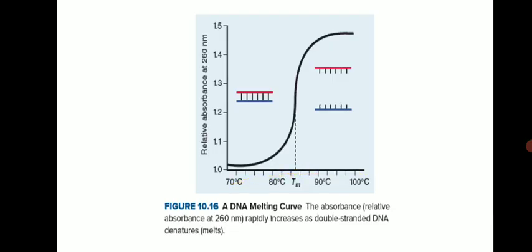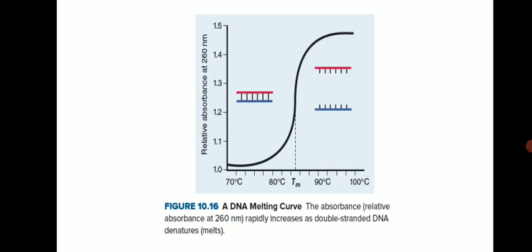This is the DNA melting curve. In this figure you can see that initially the DNA is double stranded, and if you heat that DNA, after some time it melts and the two strands completely separate from each other.